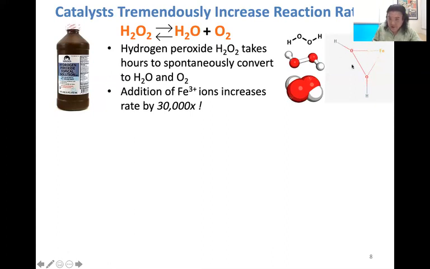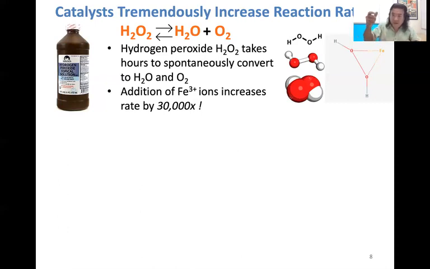And by doing so, it disrupts the oxygen-oxygen bond in the peroxide, because then the oxygen might really want to interact with the iron more. The iron ion is disrupting the structure of the peroxide, and by disrupting it, it makes that oxygen-oxygen bond a lot easier to break.